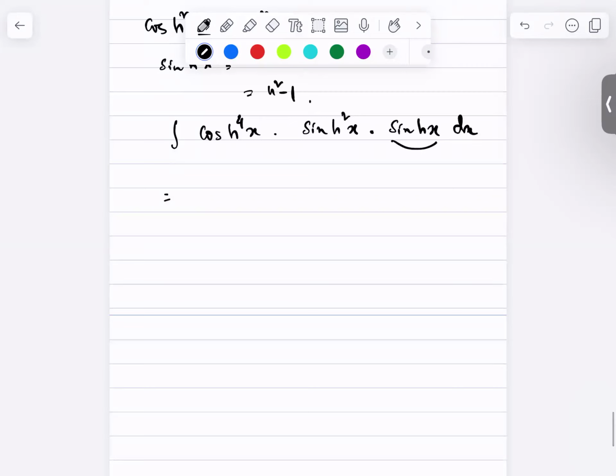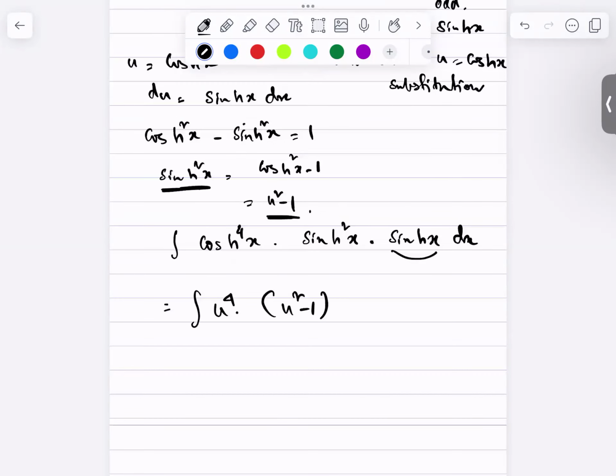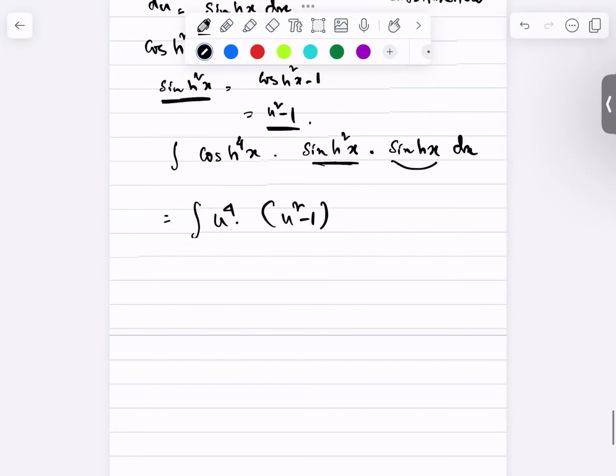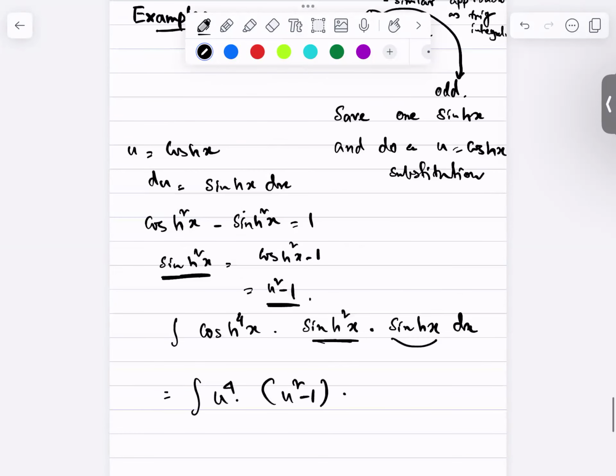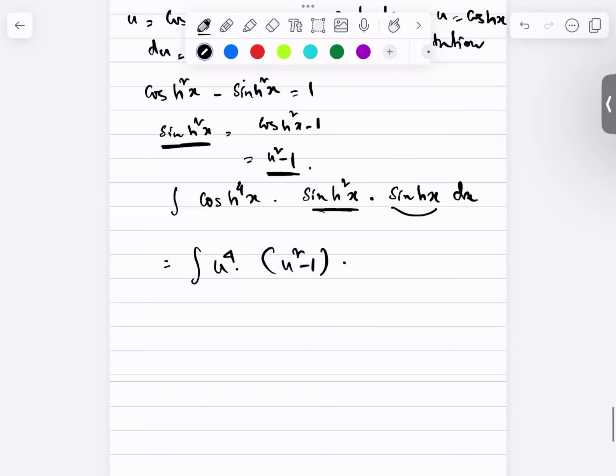And now use the substitution: u to the 4 times u square minus 1, because sine hyperbolic square is u square minus 1. And then I know that du is just this quantity. So this is du.